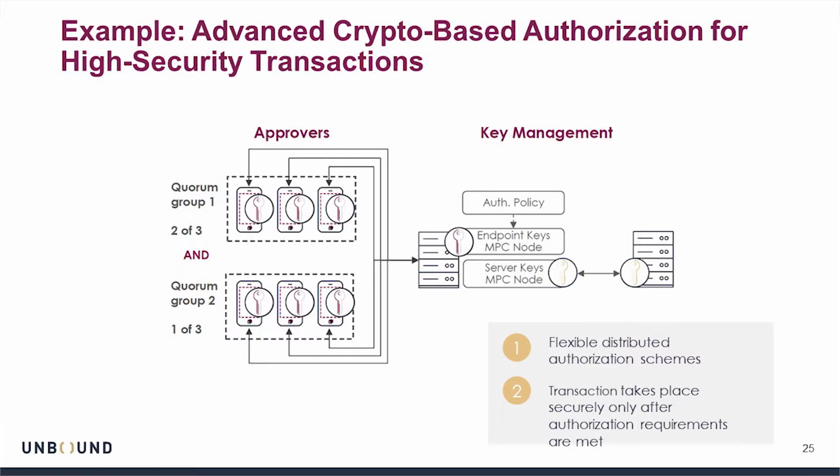But there are some use cases where even a single usage of the key is already a huge disaster. This can be, for example, in an in-house CA, certificate authority, where if you can get a certificate signing key, then you can generate certificates that everybody will accept. So even just getting one certificate like that is already very, very problematic.